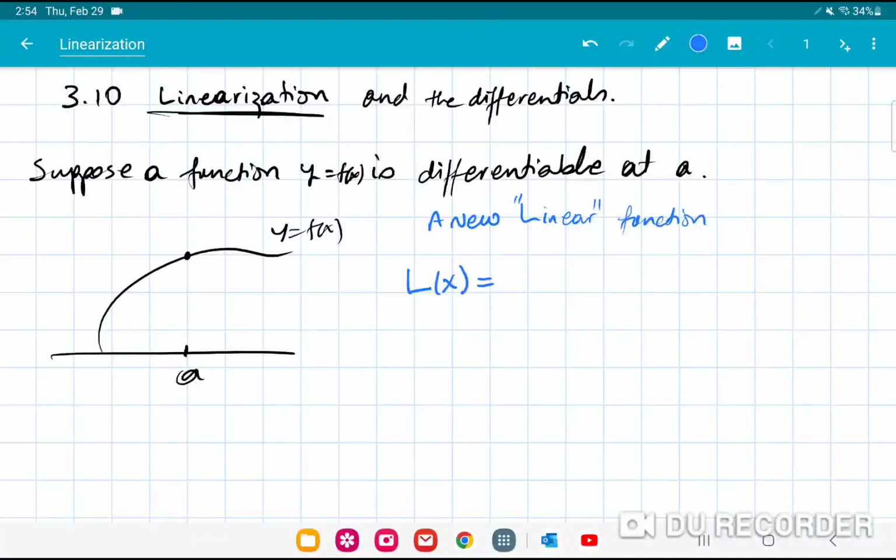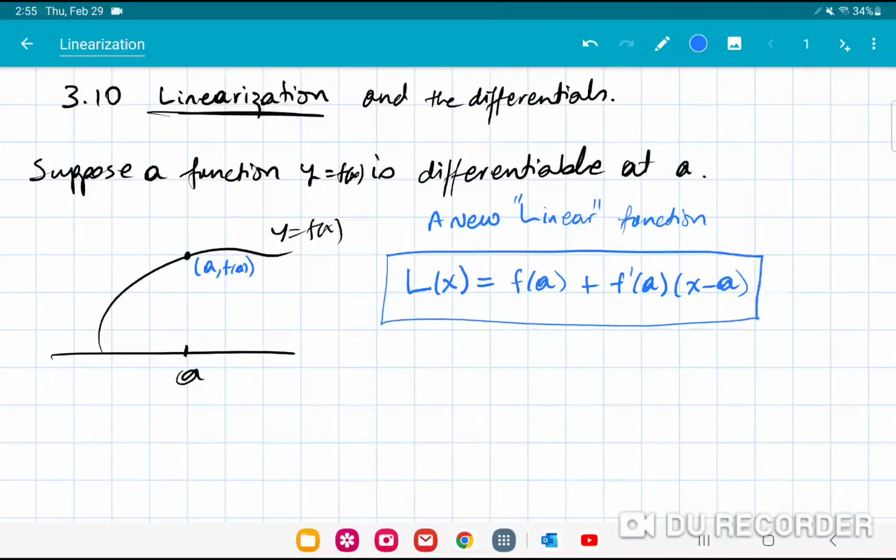The formula is: first compute the functional value of f at A, which is this point, f of A, so the y value at A. Then take the derivative of the function, compute it at A, and multiply it by x minus A. This is what linearization is. Let me give you an example first, and then I'll come back to this page to explain what it is.